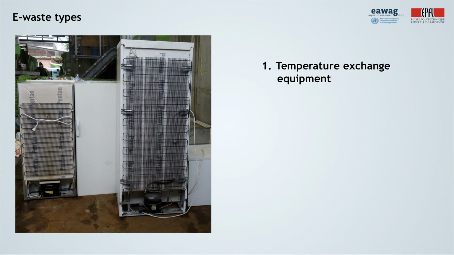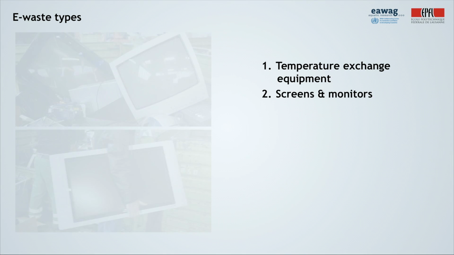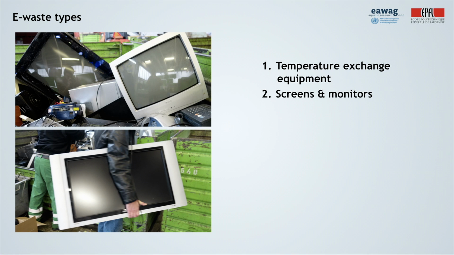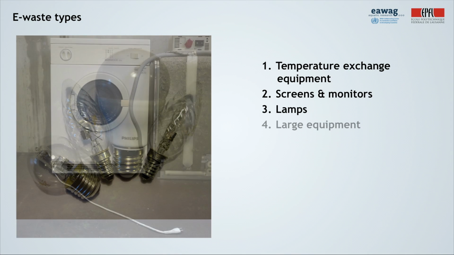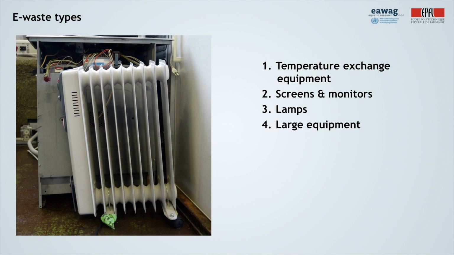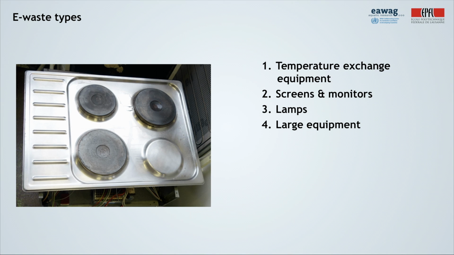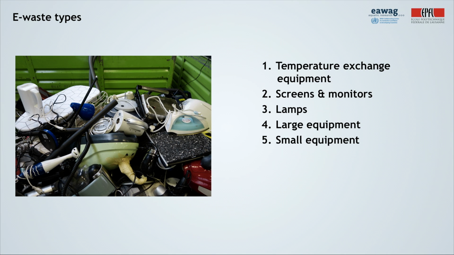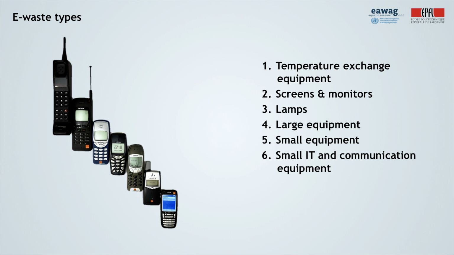Temperature exchange equipment, such as refrigerators or air conditioners, screens and monitors, lamps, large equipment, such as washing machines, heating systems, electric stoves, photovoltaic panels, etc. Small equipment, such as vacuum cleaners, microwaves, toasters, radios, etc. And small IT and communication equipment, such as cell phones.